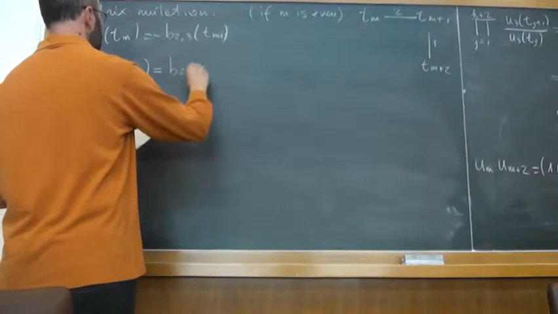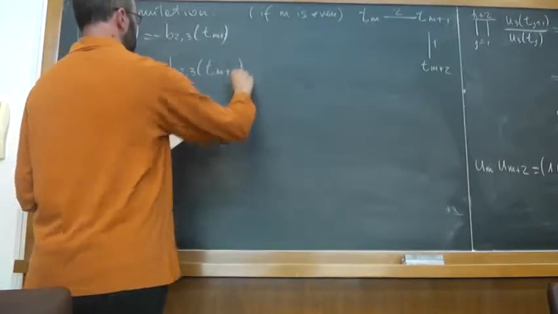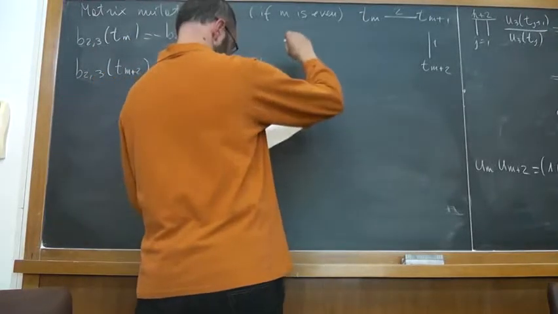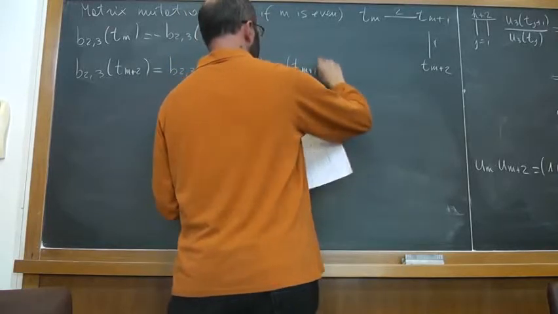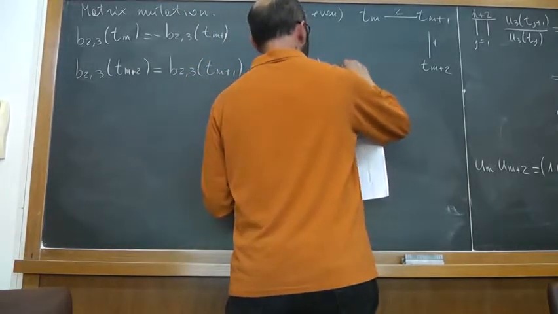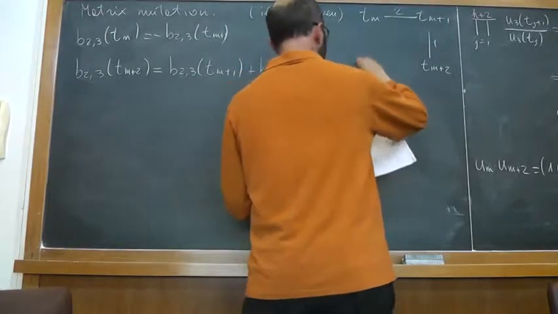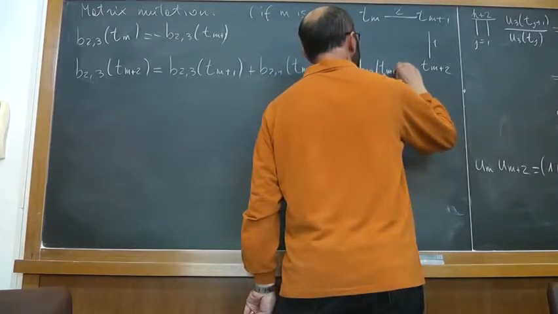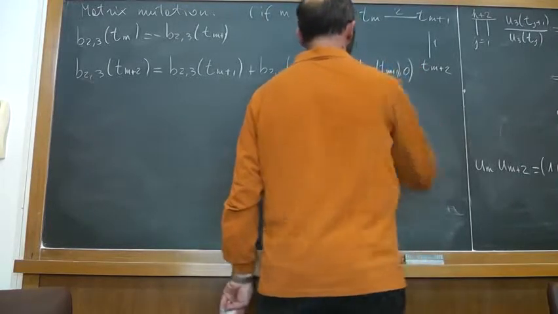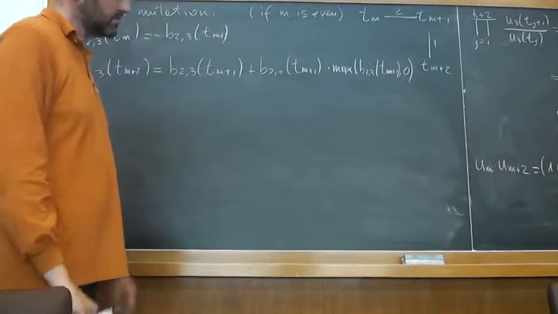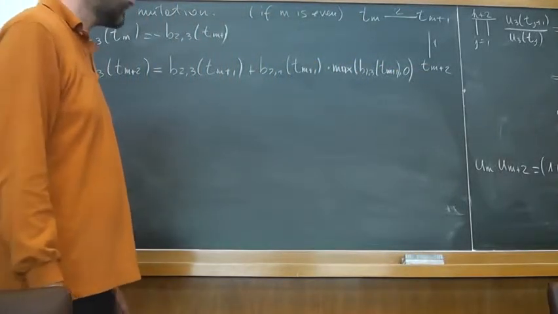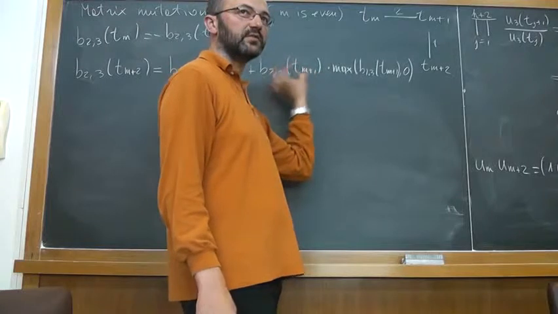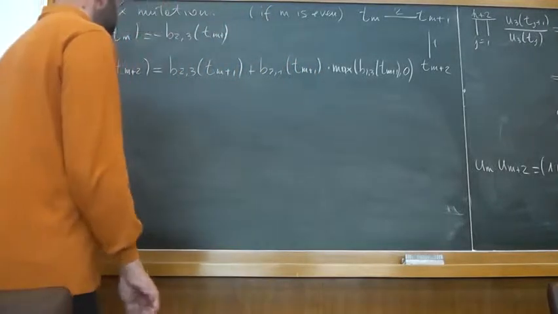This is B23 of Tn plus 1 plus B21 of Tn plus 1 times the maximum between B13 of Tn plus 1 and 0. The formula in the notation was not exactly this, but we saw several times that this is an equivalent reformulation.